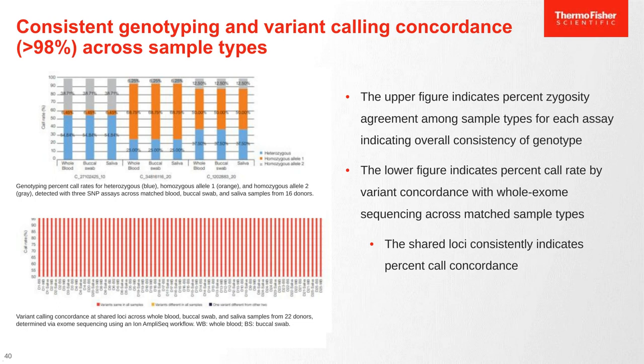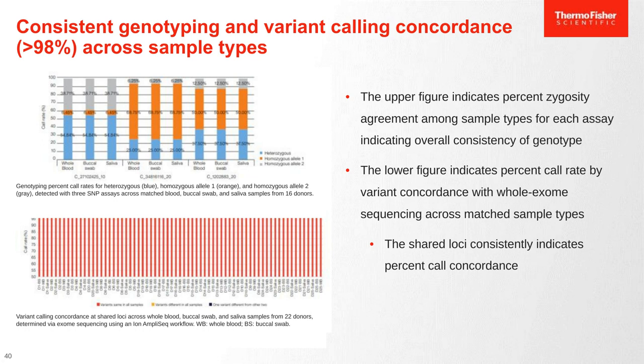So here you can see a snapshot of the results. The top graph is showing the genotyping % call rates for the heterozygous and both homozygous alleles for the 3 sample types for all different donors. And these are just targeting 3 specific genes, or SNPs, excuse me.